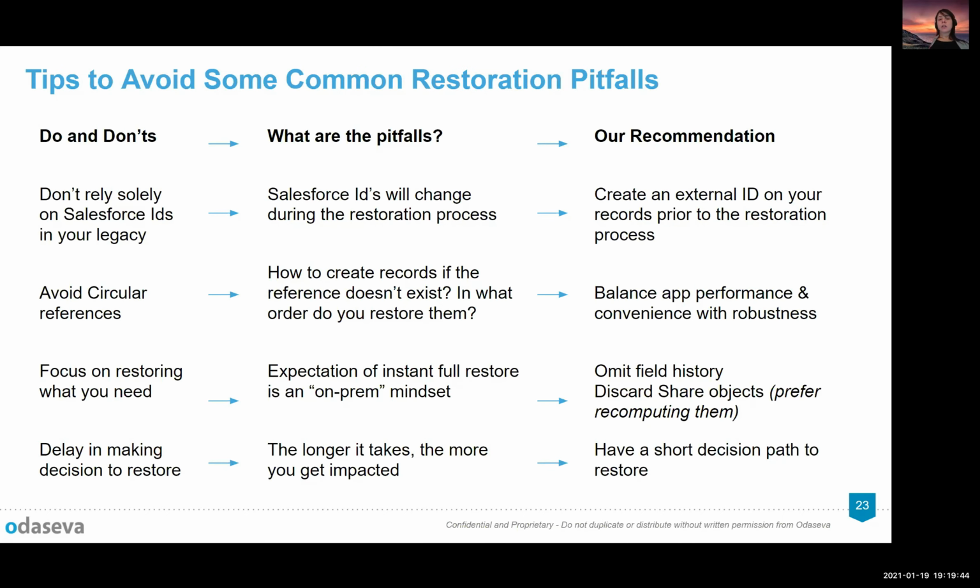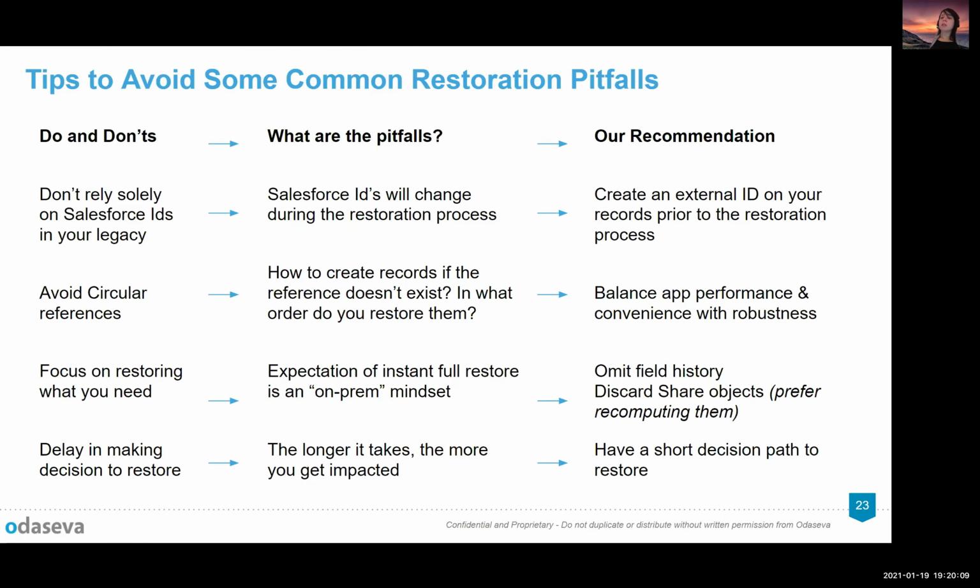So here we've listed with Matt a couple of tips to avoid some common restoration pitfalls. I'm going to take the first two, and I'm going to let Matt do the last two. So don't solely rely on Salesforce IDs in your legacy. The pitfall is that Salesforce IDs will change during the restoration process.